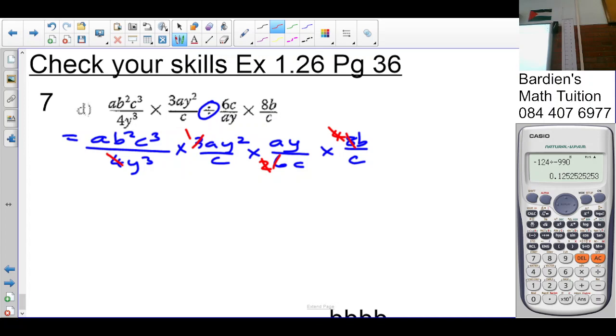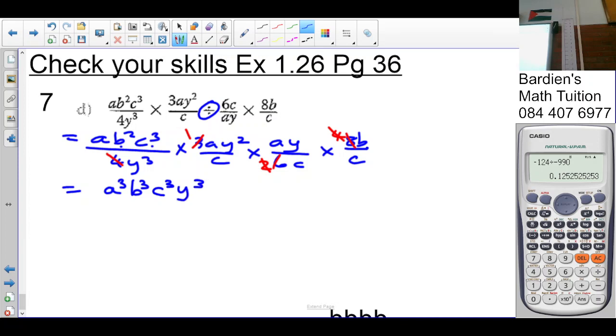You all okay with that? Which now gives us A cubed on top. B squared, and B is B cubed. C cubed. So that's accounted for. We accounted for A, for y squared and y cubed.